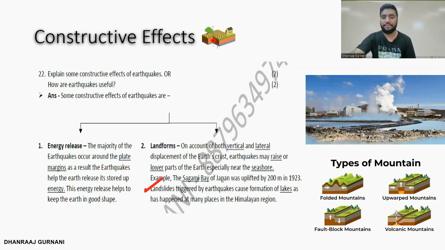The Sagami Bay of Japan was uplifted by 200 meters in 1923. Landslides triggered by earthquakes caused the formation of lakes, as has happened in many places in the Himalayan zones.